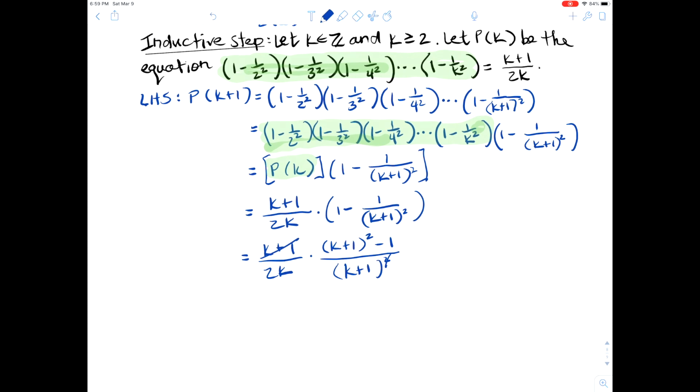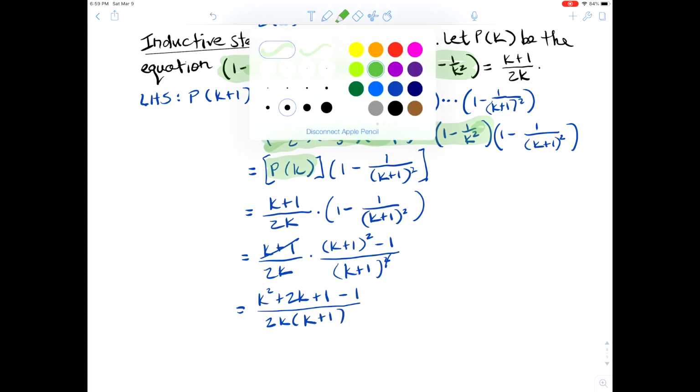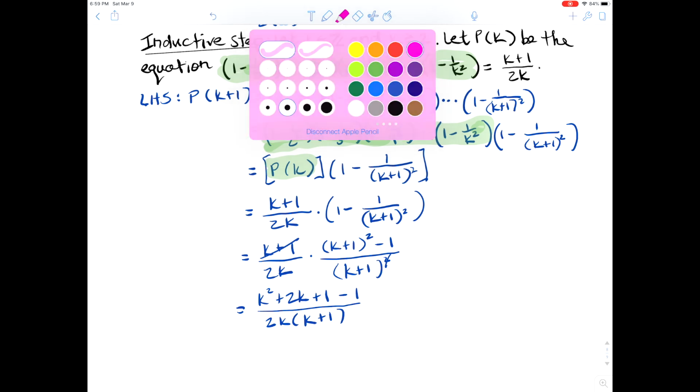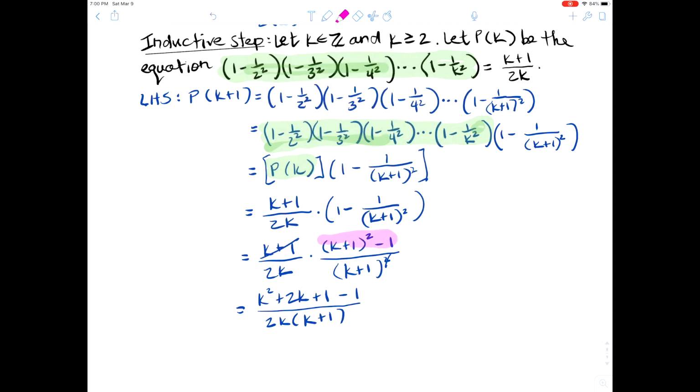And we'll have (k squared plus 2k plus 1 minus 1) all over 2k times (k plus 1). So this quantity here is equivalent to this here.